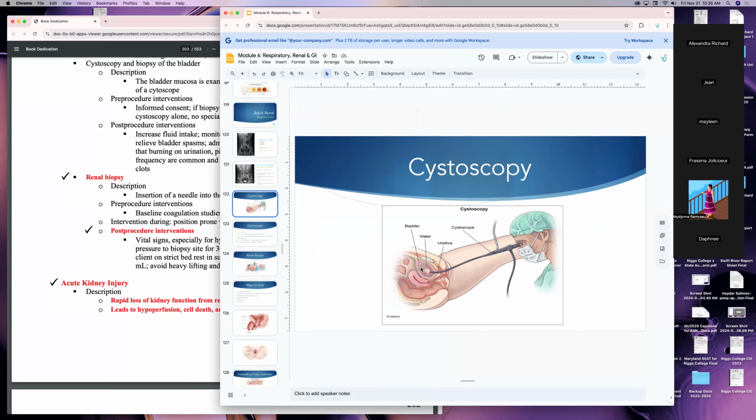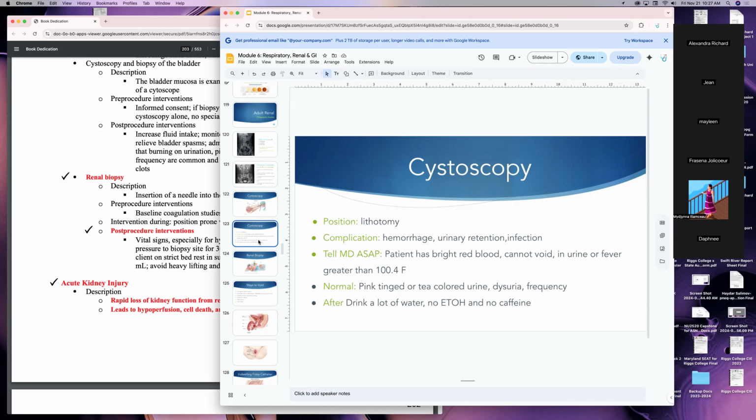This is something they might do to rule out bladder cancer or to visualize if there's some type of blockage or stone or irritation or inflammation that requires further testing with the use of a biopsy.